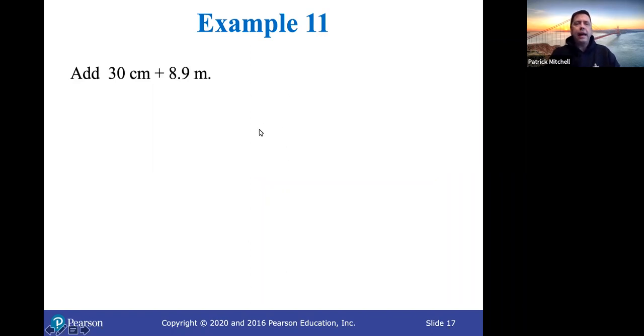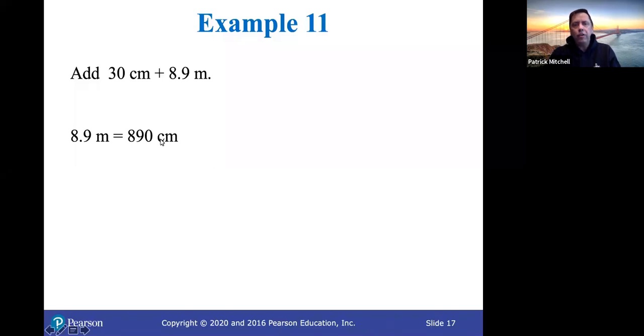All right, and lastly, with different units of measurement, you just have to convert them so that they're all the same. In this problem, you have a choice. You could either convert everything to meters or everything to centimeters. I bet in your homework, they will tell you which way they want you to do it. They've chosen to convert meters to centimeters.